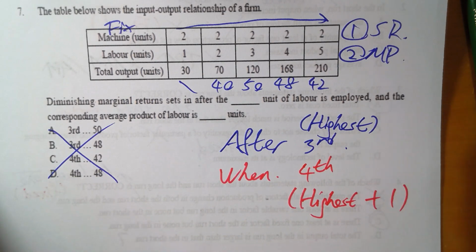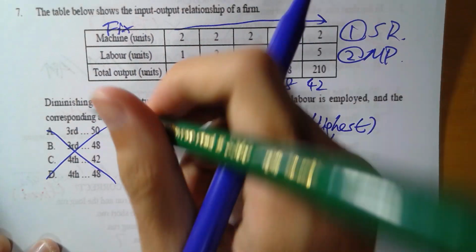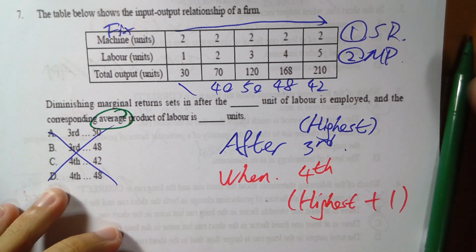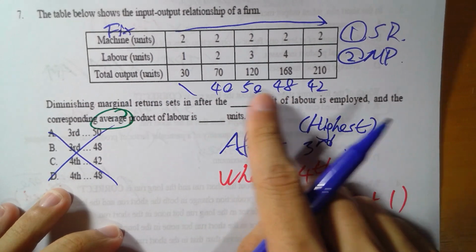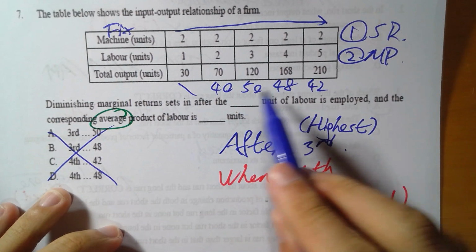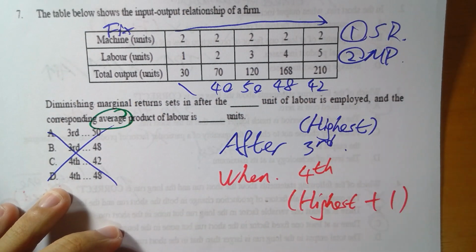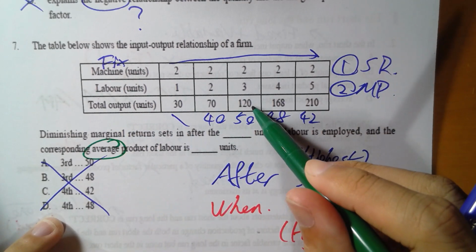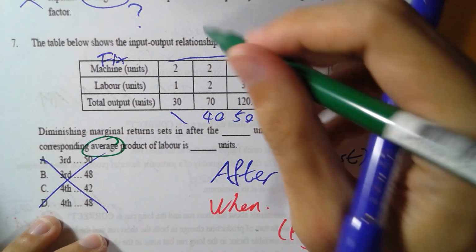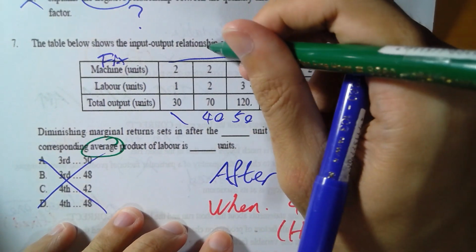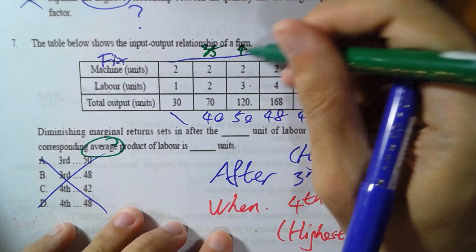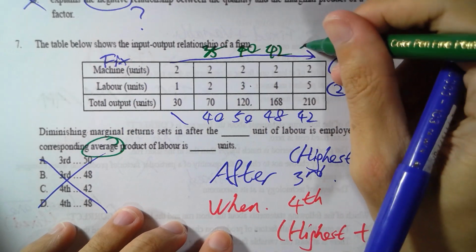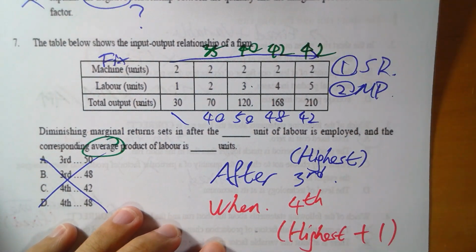I know what you will do wrong, please. The question is asking for average product. So don't just copy these two. Okay? Don't just copy these two. No. Try to work out the average. How do we calculate average? Only this one divided by this one. So let me write average above. I think it's 35, 40, 42, and this one should be 42 as well, right?